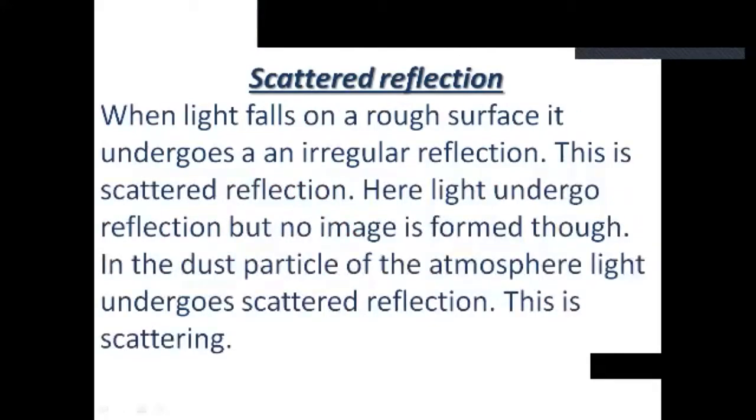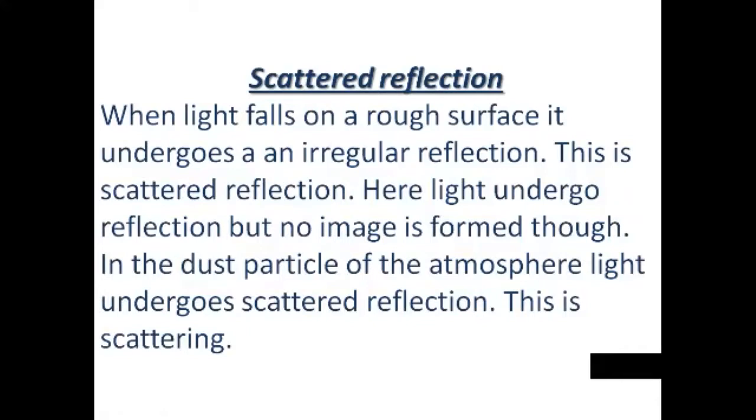Scattered reflection. When light falls on a rough surface, it undergoes an irregular reflection. This is a scattered reflection. Here, light undergoes reflection, but no image is formed. In the dust particles of the atmosphere, light undergoes scattered reflection.